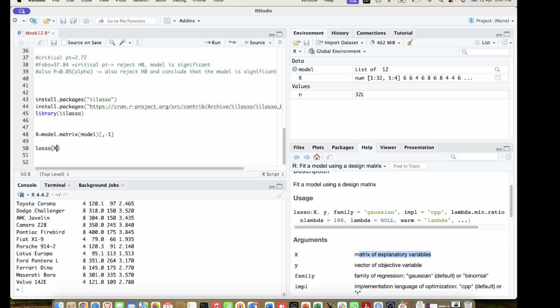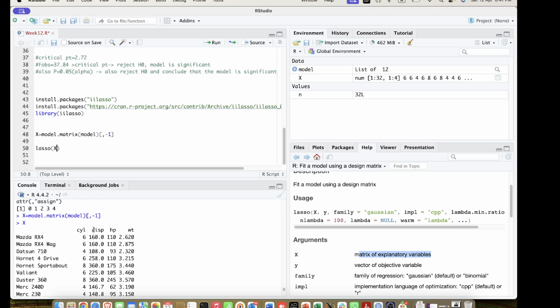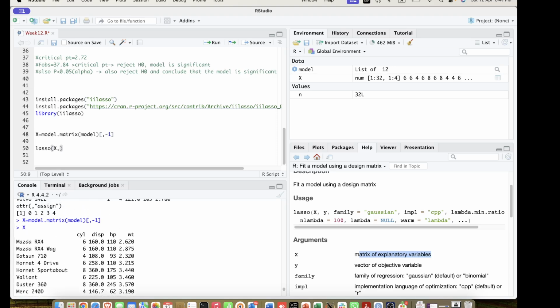So if I put x here, and then if I put y, that is mtcars$mpg, that is my y, and I put family equal to Gaussian.